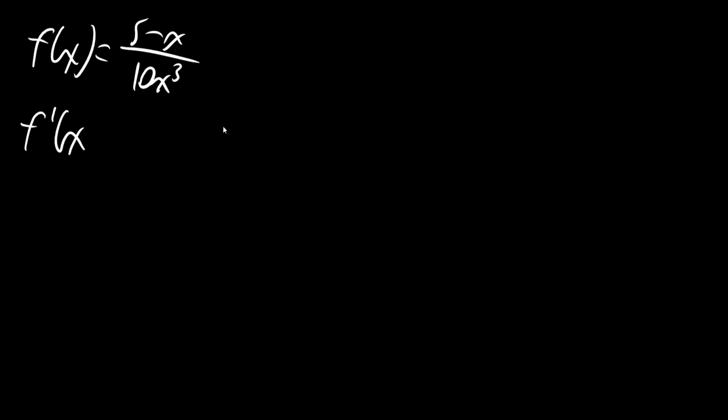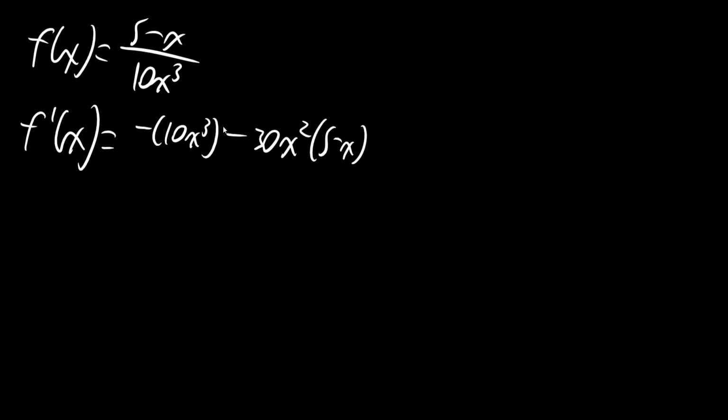So, when deriving this, we see the derivative of the top is just going to be negative 1 times 10x cubed, and then minus the derivative of the bottom is going to be 10 times 3 is 30, x, 3 minus 1 is 2, multiplied by the top, just like that. And then we get 10x cubed squared.